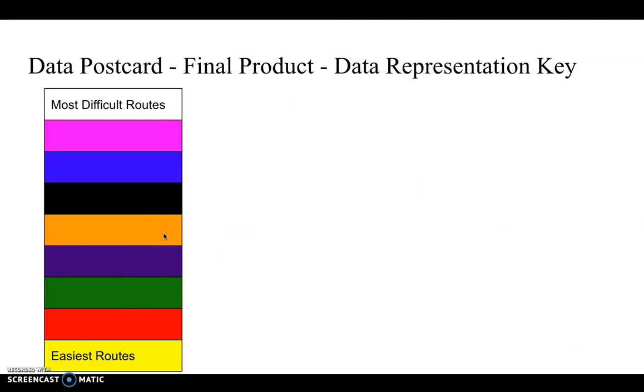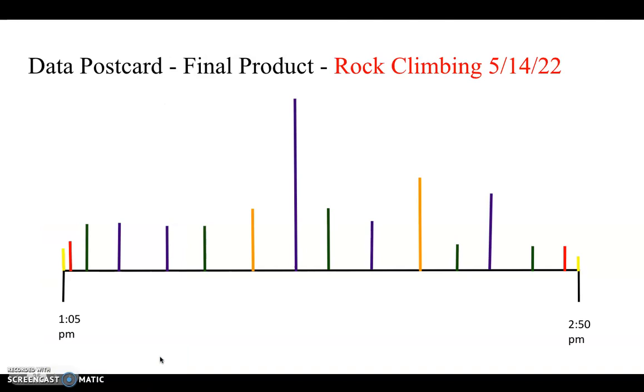And so that's sort of how my workout went. I warmed up on some yellow and red routes, did some green, purple, and orange routes in the middle, and then I cooled down on a red and yellow route. Okay. All right, so that's what the colors represent.